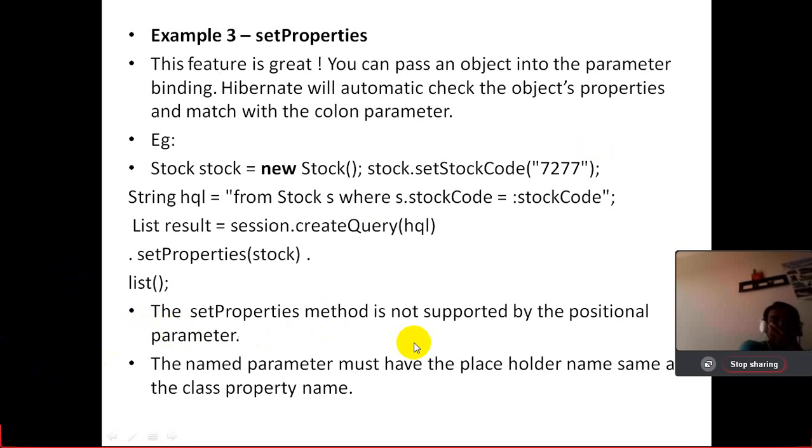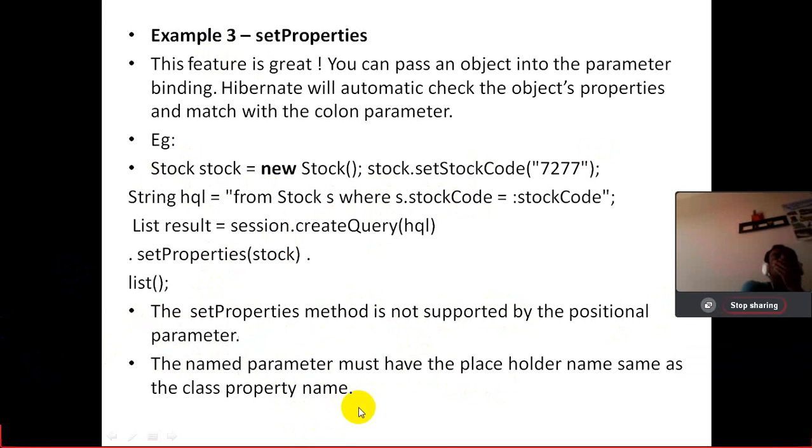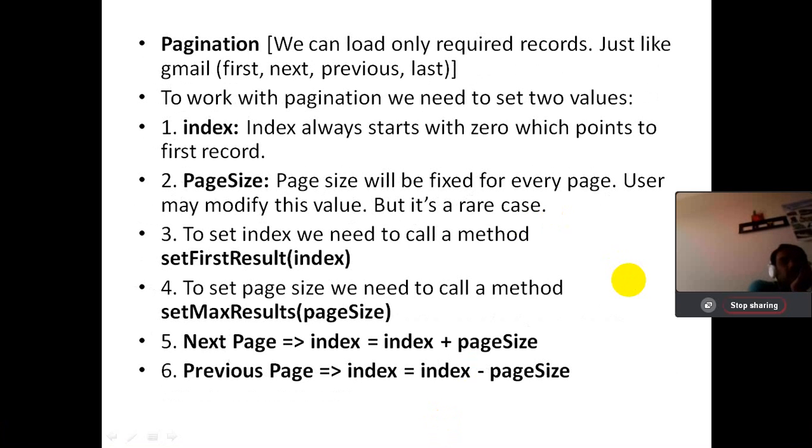Here, the setProperties method is not supported by positional parameters. The setProperties method is only supported by named parameters, and named parameters must have a placeholder name the same as the class property name. And we changed it, and we saw that we got an error specifying that not all of your query parameters have been set.